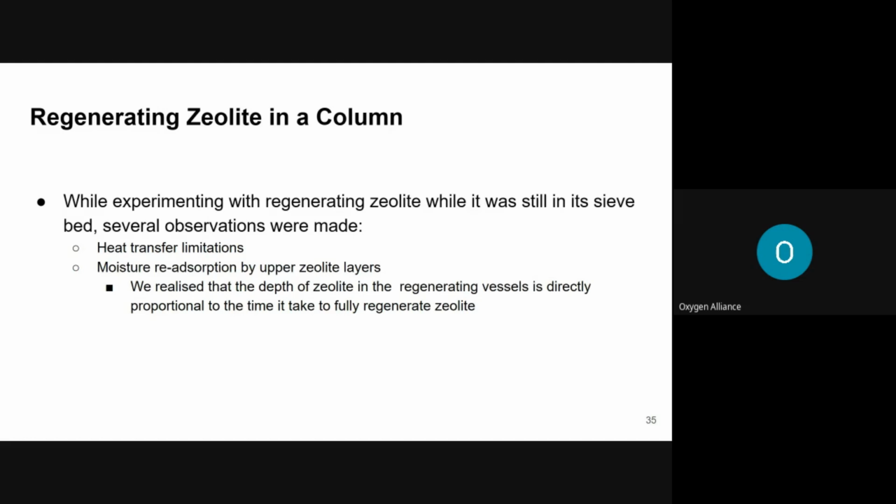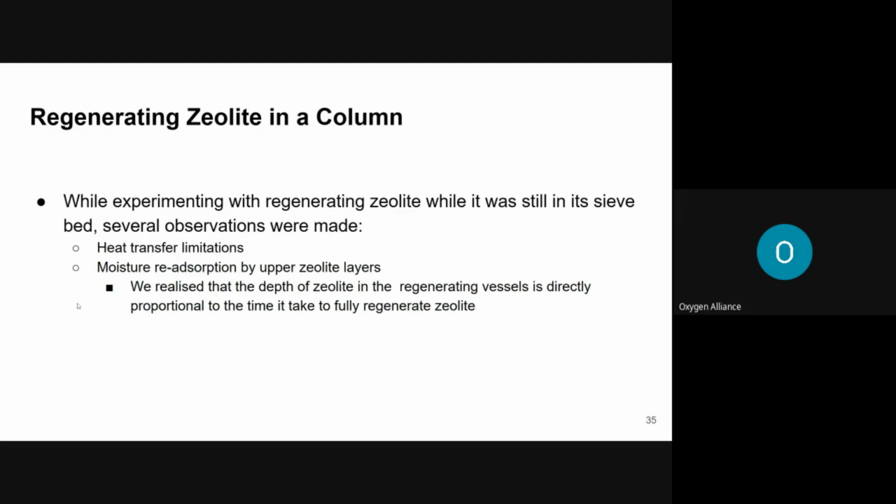Several observations were made, and the biggest challenge was that when the moisture from the bottom layers of the zeolite was being removed, it would rise up the column and get reabsorbed by the zeolite at the top of the column. So in order to remove all the water from the zeolite, you had to run the test for longer. This wasn't the best approach, as it was taking a lot of time. So we settled on having zeolite on a flat bed to avoid the reabsorption of the moisture on the next layers of zeolite.